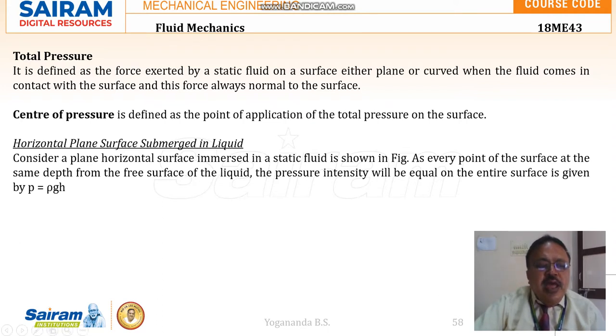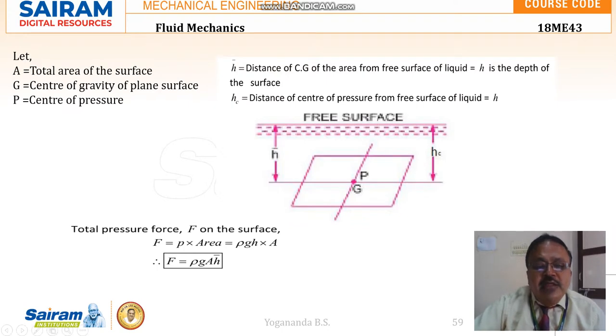So now we will have a horizontal plane surface submerged inside the liquid. If you take a body having a regular shape which is submerged horizontally, the area of the surface is parallel to the free surface.